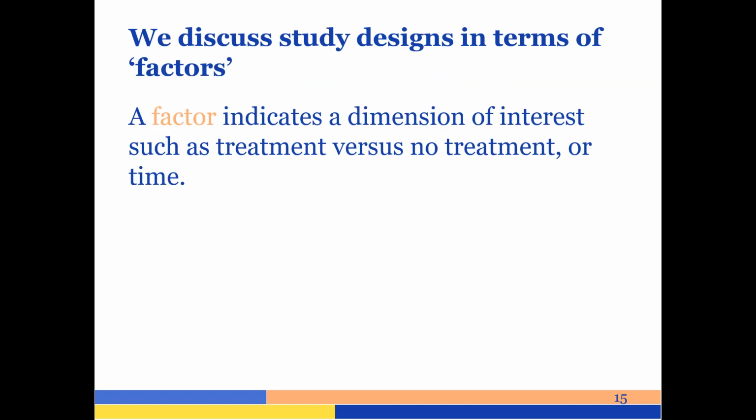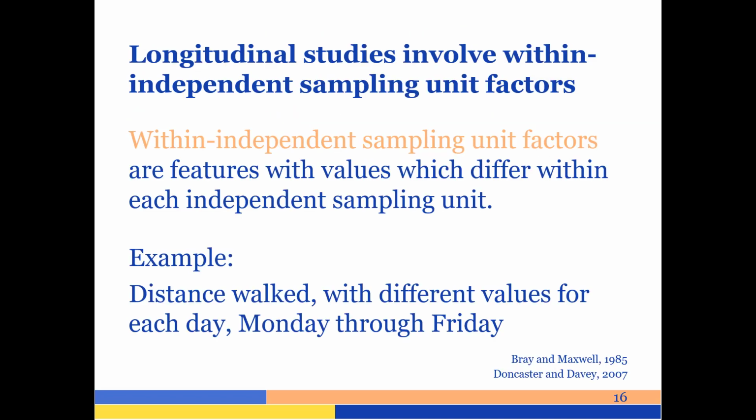In this course, we will use the term factor to describe a dimension of interest within a study. For example, time can be a factor within a study. Treatment groups versus control groups can also be a factor within a study. Longitudinal studies have what we call within independent sampling unit factors, or within factors for short.